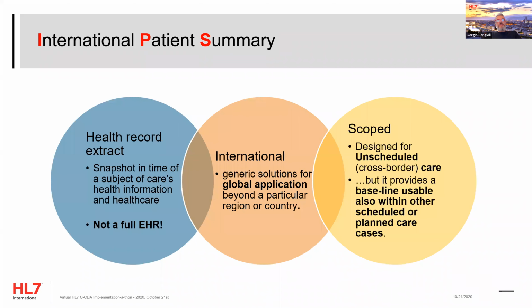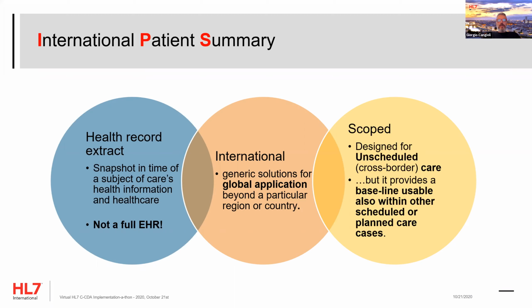The International Patient Summary, as a patient summary, is a snapshot in time of the healthcare information. It is not expected to be used for representing a full EHR. The "International" highlights the fact that the solution should be applicable globally. It is not a general-purpose patient summary, but was designed with unscheduled care in mind.